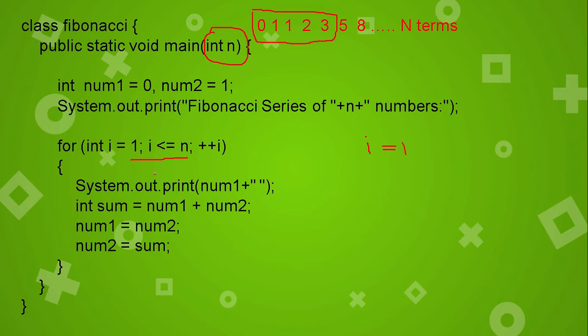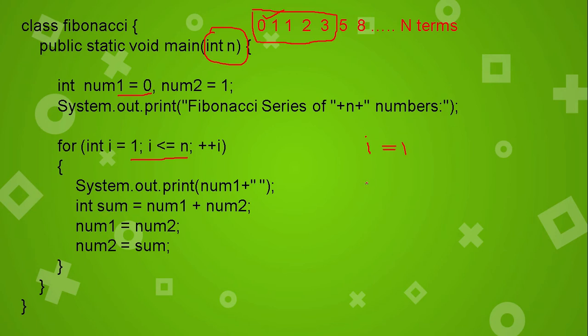Now system.out.print num1. Look at the value of num1. What is the value of num1? It is 0. So 0 will be printed. Now sum is another variable.